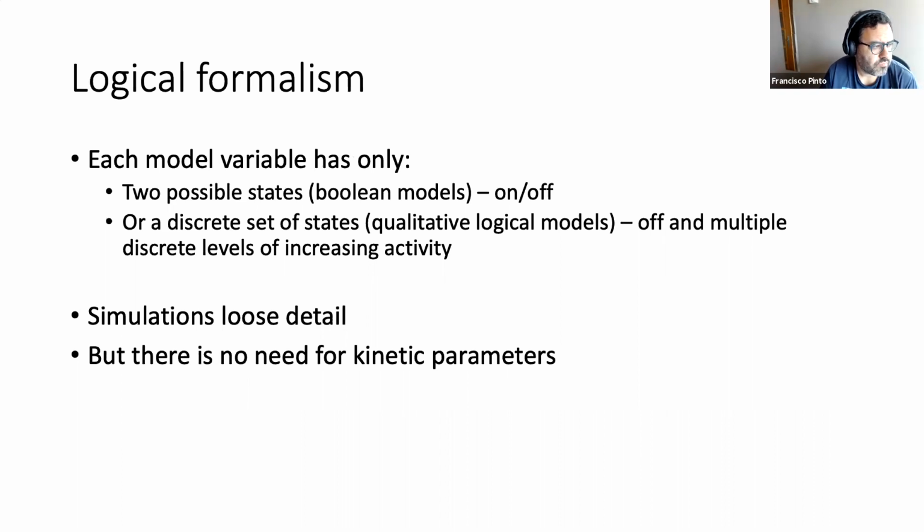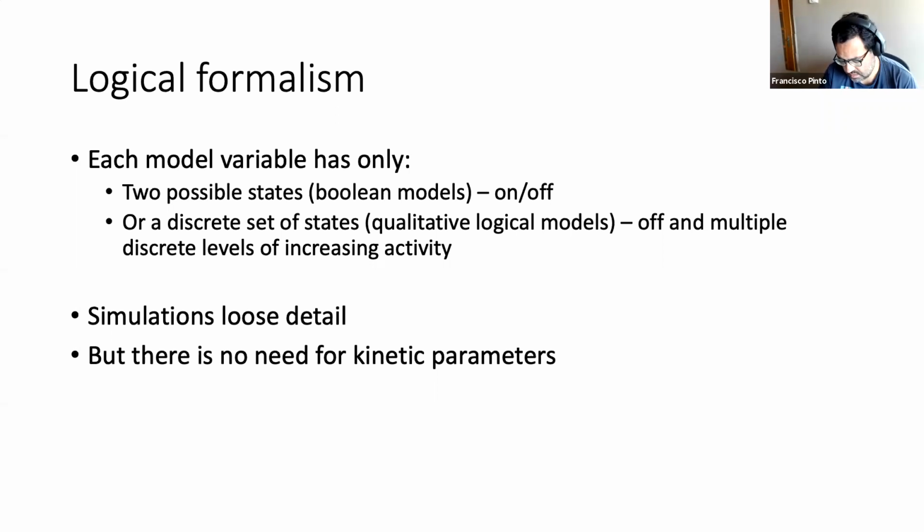So the logical formalism assumes that each model variable, that is each component, can only have two states, and that if all the model components only have two possible states, on or off, so they are active or inactive, we can call these Boolean models.